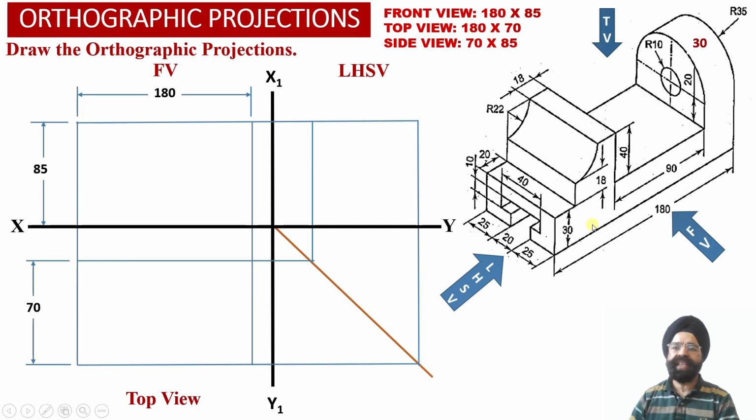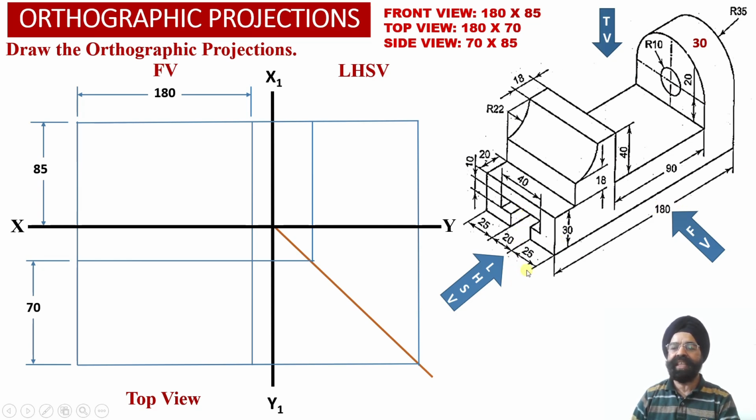So now we can see that we can divide the solid into three elements. Element number 1 happens to be a horizontal web which is lying onto the ground, and this horizontal web is carrying a T slot at the base so that this component can be secured safely onto the top of the bed of a machine over here.